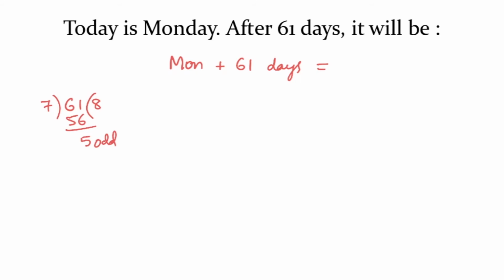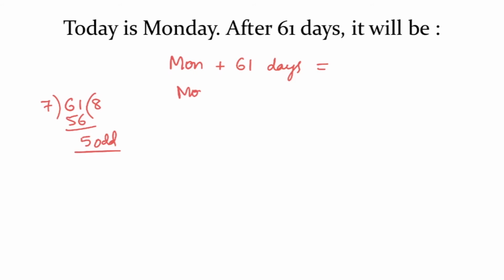If today is Monday, what is the day after 61 days? Today is Monday. After 61 days, what day would come? See, 61 days are equal to 7 8s are 56, 5 odd days.